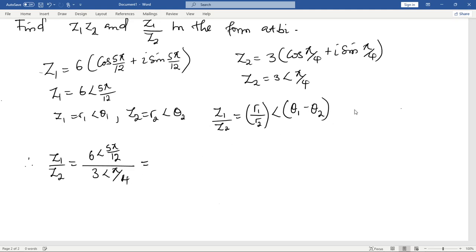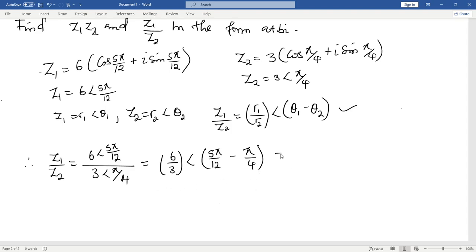So this here, we follow this rule that we have here. We divide the moduluses here. So meaning that here we're going to say 6 divided by 3. Then this side, we say 5 pi over 12 minus pi over 4 like this here.